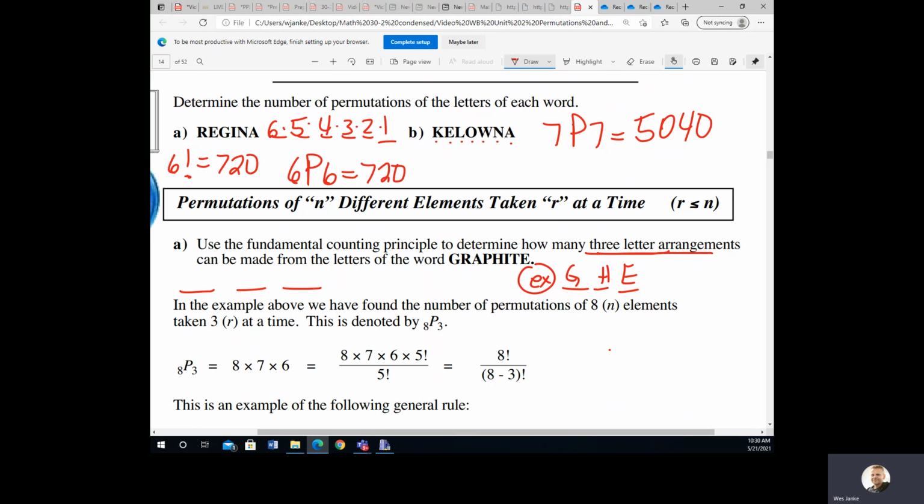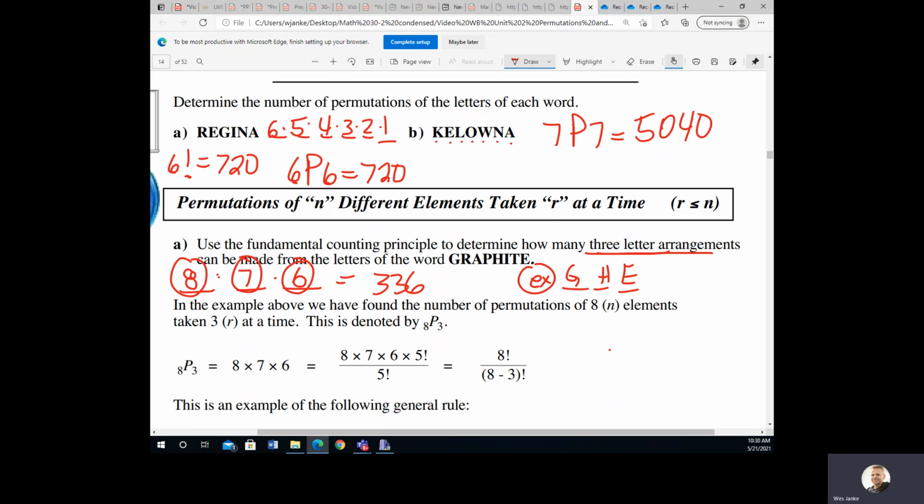So with the fundamental counting principle, I say, well, there's 8 choices for the first letter. If I use the G, then I have 7 choices for the next letter. So let's say I use the H, and then I have 6 choices for the third letter. So that comes to 336.